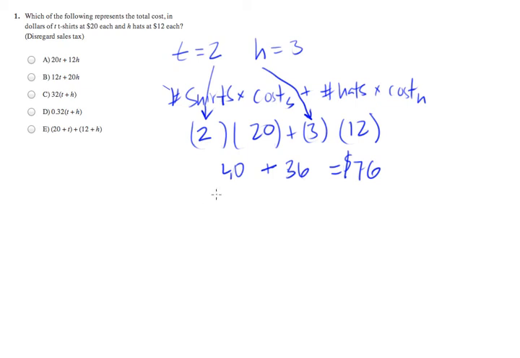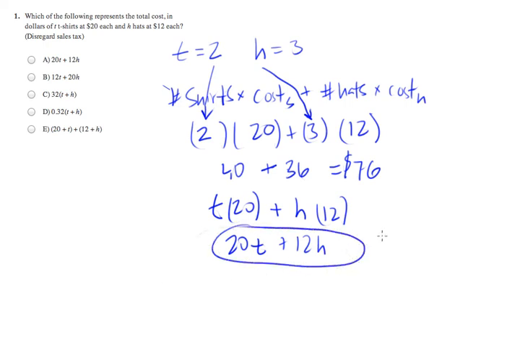So we'd end up with T times 20 plus H times 12. And this is the same equation that I have right here, except with T and H. Now if you look at the answer choices, you'll notice, and this is a common practice in algebra, to write the coefficients in front of the variables. And this is one of our answer choices. That's A.